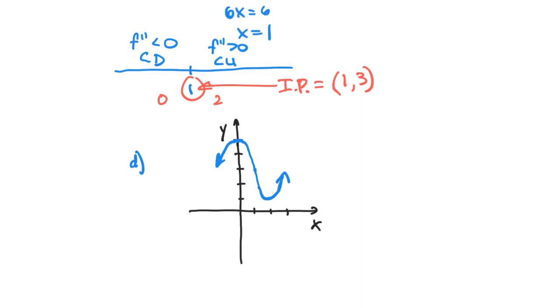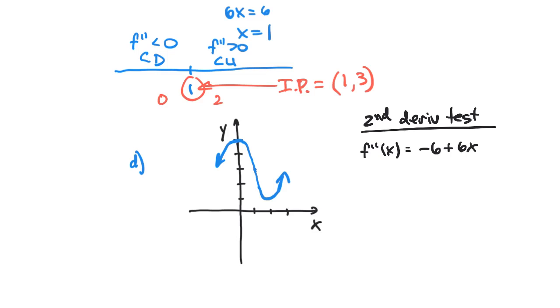It doesn't ask us to, but just so you can see how the second derivative test works, I'm going to do this one kind of off to the side here. So with the second derivative test, we've got our second derivative. We found out that was -6 + 6x.